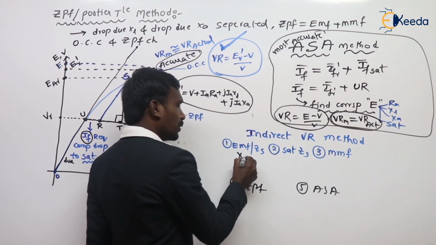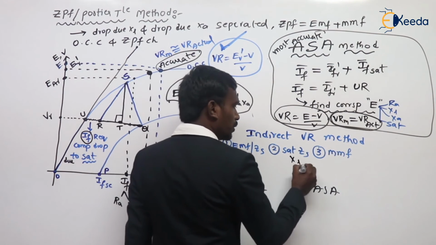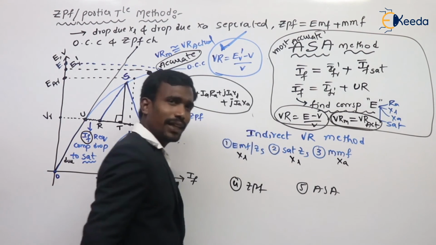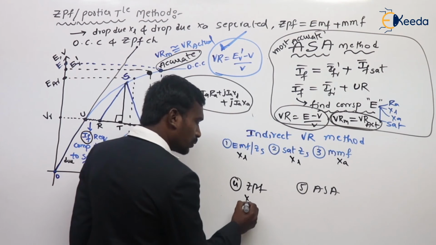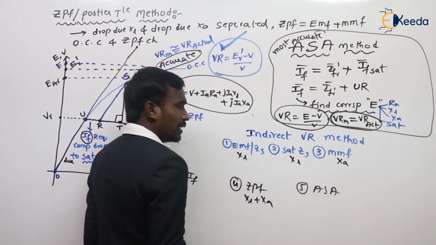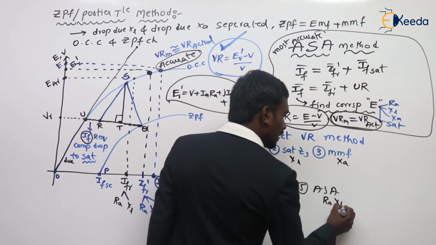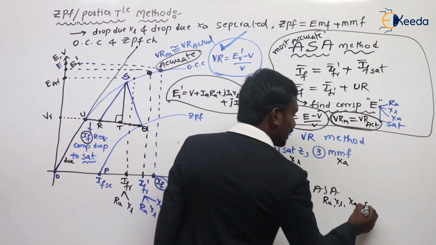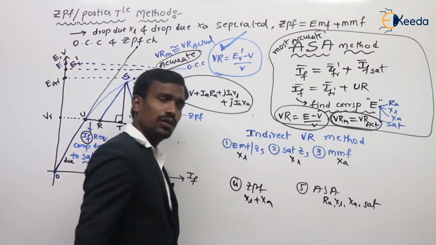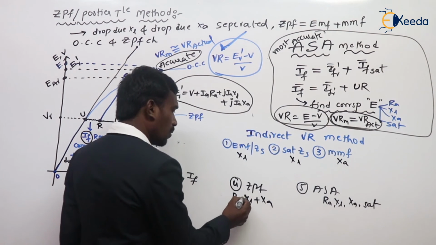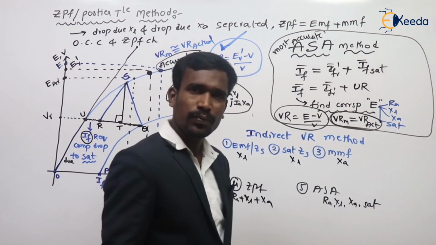Here total drop due to XL, here total drop due to XA, here total drop due to XL plus XA, and here total drop due to all R, XL, XA and saturation also. Of course, here R is also added, no problem.